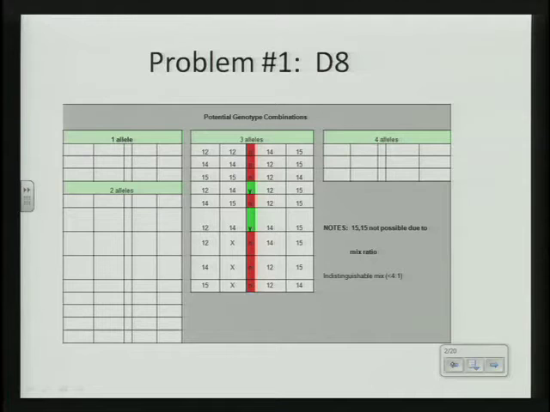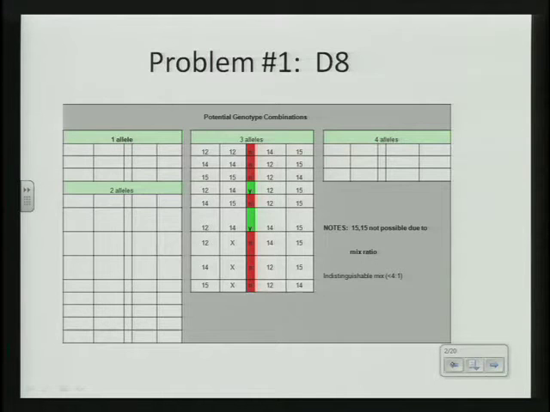How come 15-15 was not enough? Did I see that note? I actually have a little note to that extent, so I would remember this morning. 15-15 wasn't possible due to the mixture ratio.